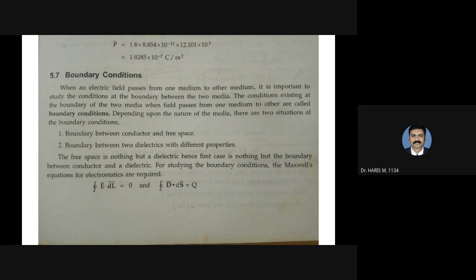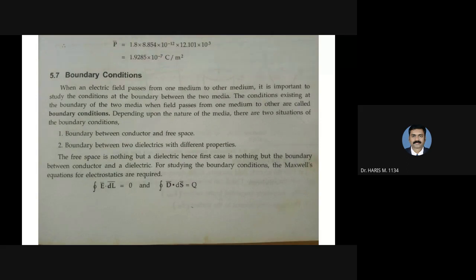The first one is the boundary between the conductor and the free space. Mostly the example is taken as the conductor because in conductor materials mostly electrons will be present, and surrounding this conductor we will be having the free space. So first we have to see the boundary between the conductor and the free space, and then you can also assume the boundary between two dielectrics.